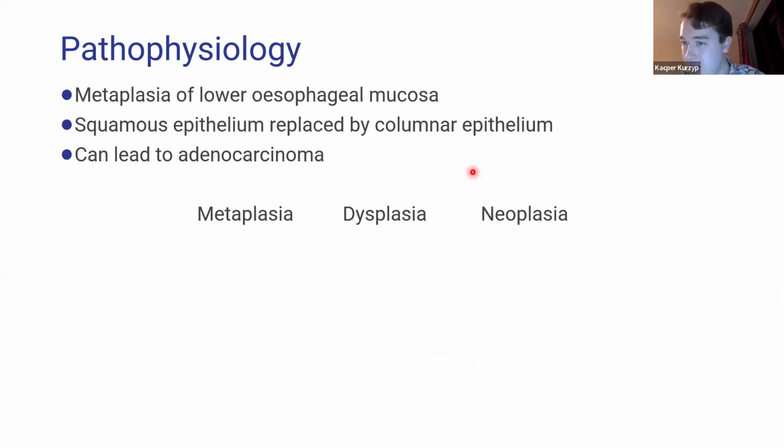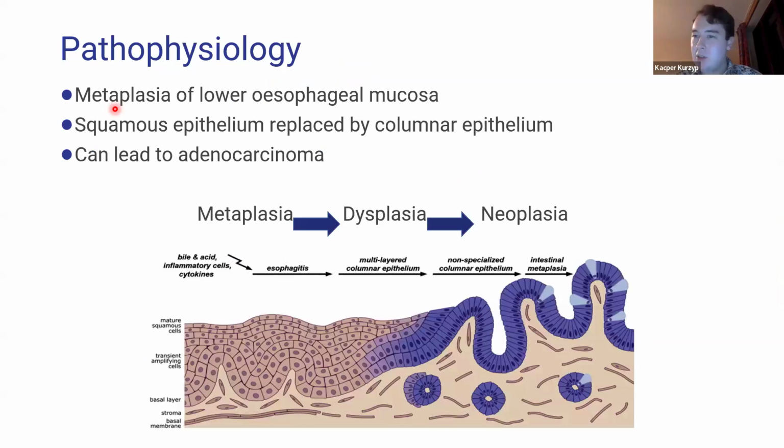Now, you may be asked questions about what is happening in Barrett's. So it's metaplasia. We are changing one type of cells into another. So we are changing from the squamous epithelium, which is what's supposed to be in the esophagus, to the columnar epithelium, which is what's in the stomach.